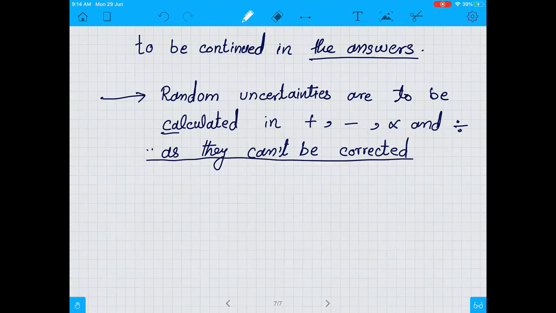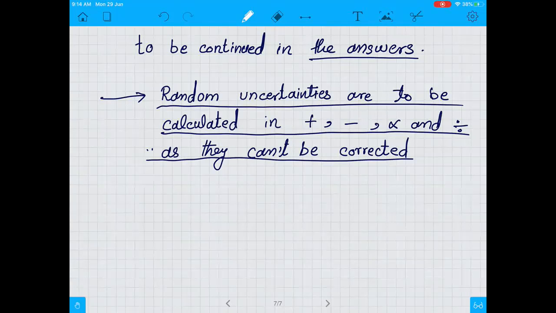So at the stage of reading, the systematic errors are already compensated or corrected. Just for example, if you have a negative systematic error, then you add it for the correction. And if you have a positive systematic error, you subtract it for the correction. While random uncertainties, they have plus minus sign, they cannot be corrected, hence they are calculated in the answers.